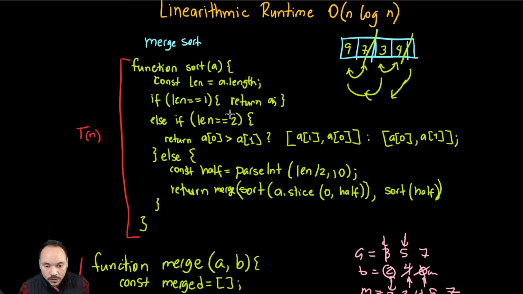So we are doing some constant time operations here. Regardless of the size, this is always going to perform the same. So let's call it some constant c. Then this is going to do something different: divide the array in half, and then merge it.